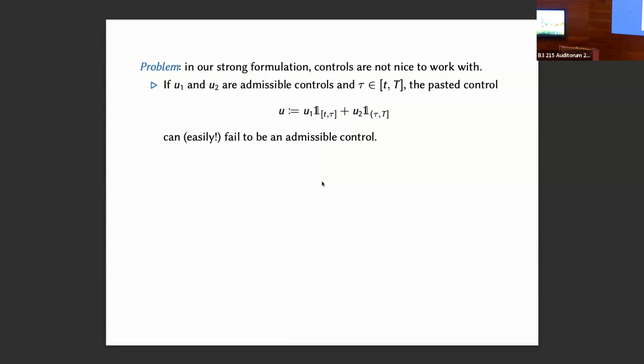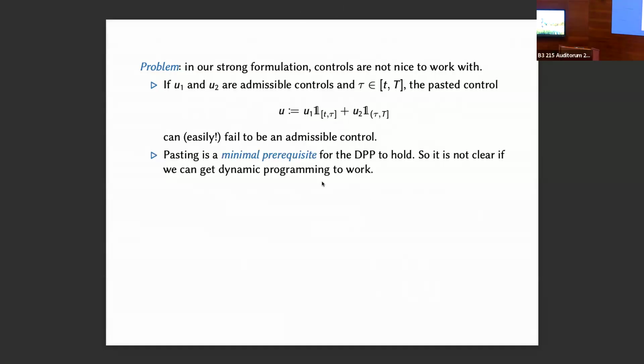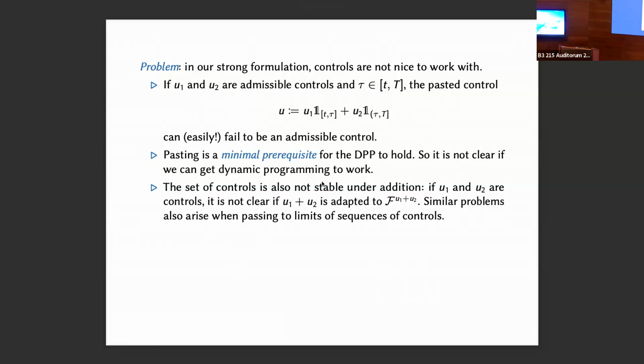So this just fails. You cannot just paste arbitrary controls. And that's the minimal requirement that you need for dynamic programming. Because that's what dynamic programming means. You construct two optimal controls on two subsets, you paste them together, and then it's globally optimal. And a priori, you cannot tell which ones you can paste and which ones you can't. That makes it tricky. Yeah, there's more issues.